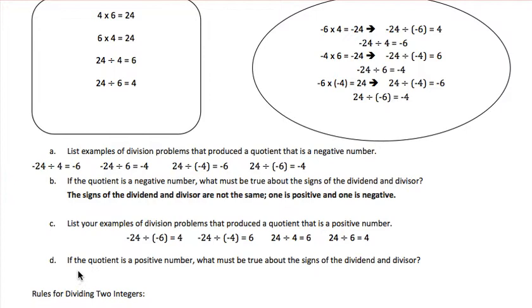In question D, then, if the quotient is a positive number, what must be true about the signs of the dividend and divisor? So when we look at our dividends and divisors, we see a negative and a negative, negative and a negative, positive and positive, positive and positive. So we can say that the signs of the dividend and the divisor are the same in each case.